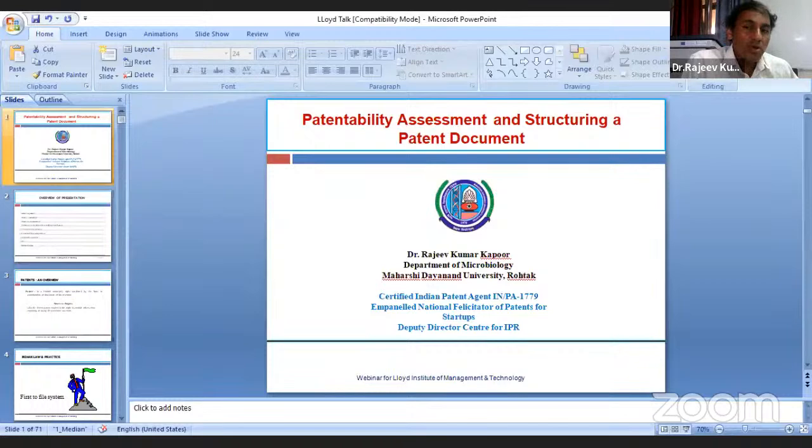I'll be telling you about the structure of a patent, how a patent is written, and how to make sure that you are completely enabling your patent, because this is a prerequisite for every patent document that should be completely enabled. We will talk about that.